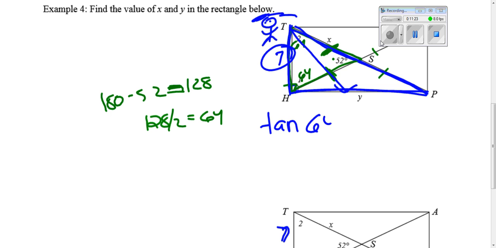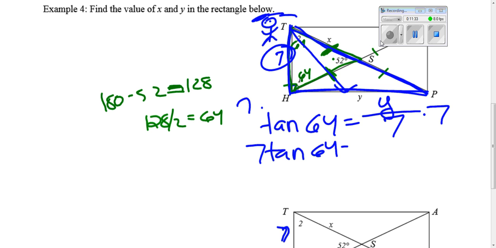So the tangent of 64 equals the opposite, which is y, over the adjacent, which is 7. Multiply both sides by 7. We get 7 tan 64 equals y. And we can type that into our handy-dandy calculator, truncate it after 3 decimal places, and we get 14.352 units. There aren't any provided, so we can just put U for units.